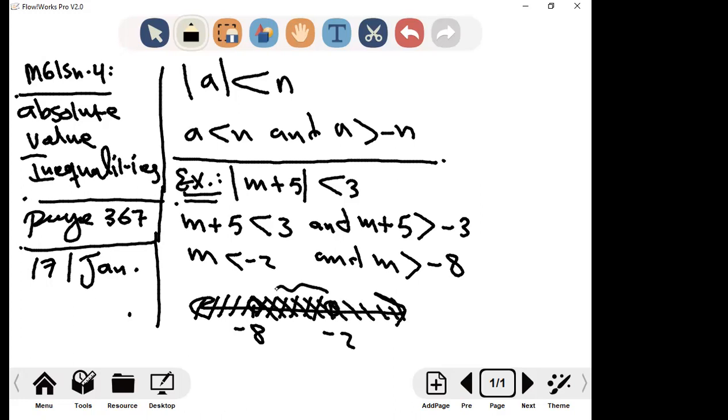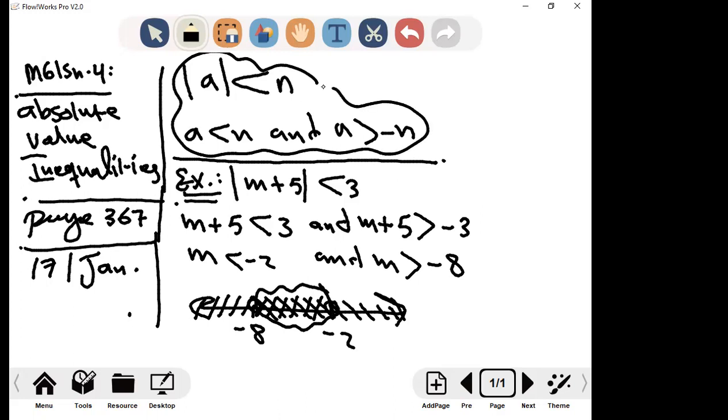So I'm talking about the common area, between them. Memorize this case very well: if the absolute value of an expression is less than n, then this expression is less than n and more than negative n.